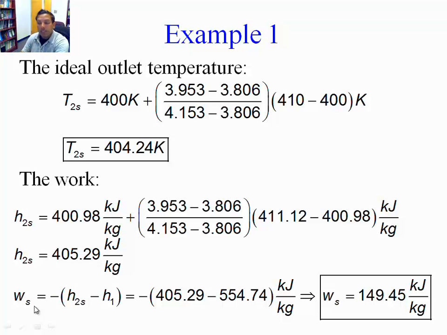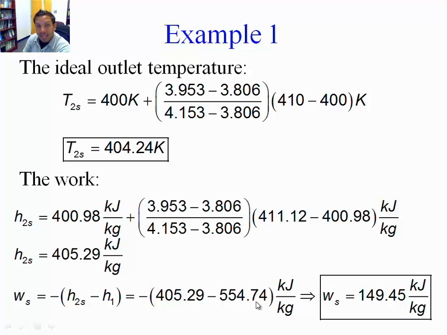Now, if we use this in the first law of thermodynamics, knowing that the work is equal to the negative of the delta H, by eliminating Q, eliminating changes in kinetic energy, and eliminating changes in potential energy, then we can find: entropy at the outlet is 405.29, entropy at the inlet was 554.74.